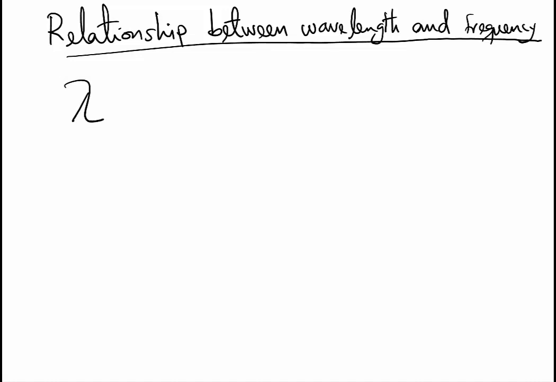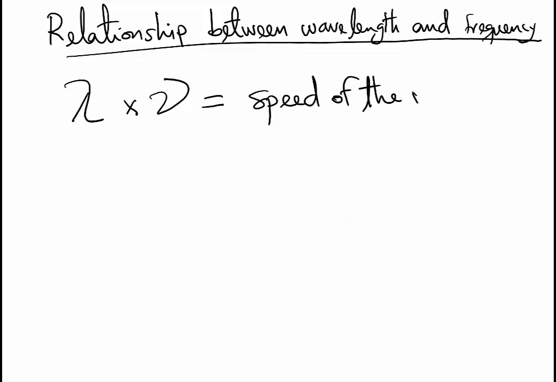The wavelength, which is denoted as lambda, multiplied by the frequency, which is written as nu, will be equal to the speed of the wave. Remember this relationship.